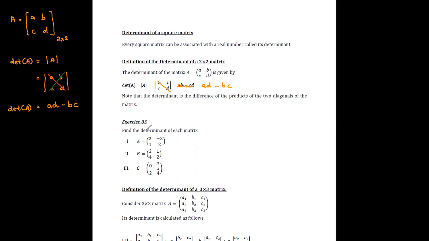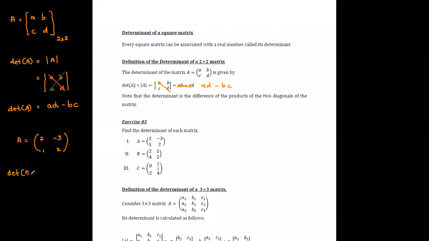Here another exercise is given. I am taking these three problems to explain the calculation of the determinant of a matrix. First, the matrix A, having the values 2, -3, 1 and 2. Suppose you are asked to find the determinant of matrix A. Then you can write down the elements of this matrix inside the notation.